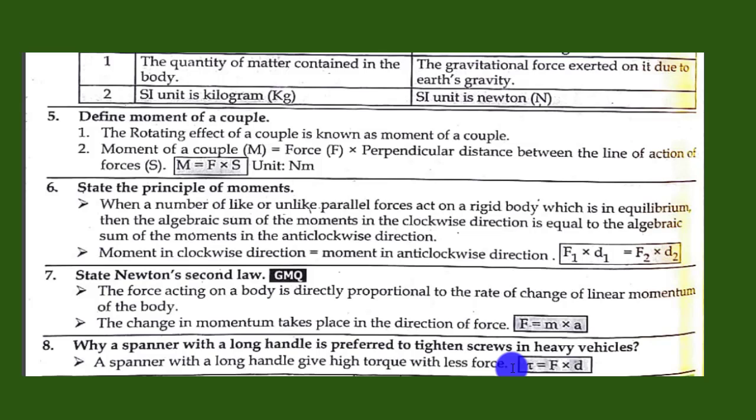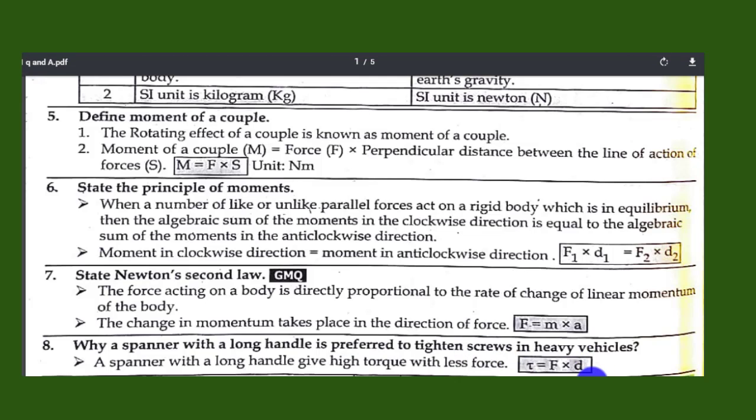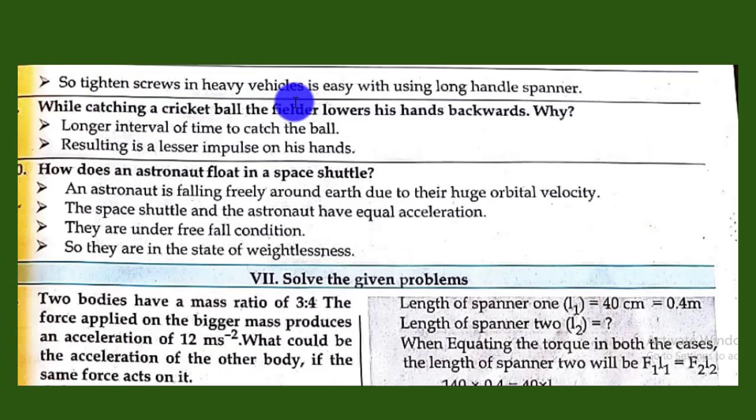You are applying just a simple force that is multiplied and gives a high torque. That is given as tau is equal to force into distance. So tightening screws in heavy vehicles is easy with a long handle spanner.